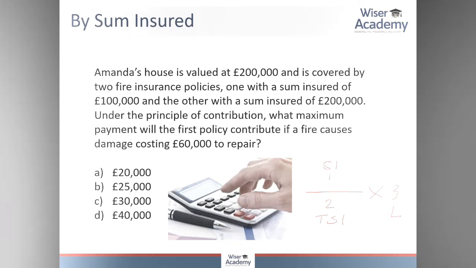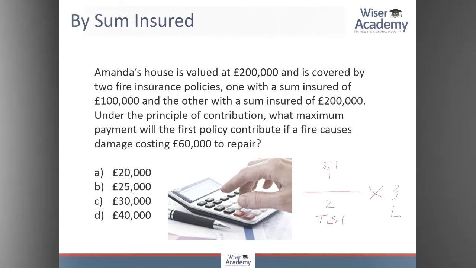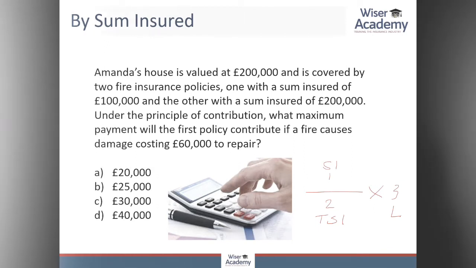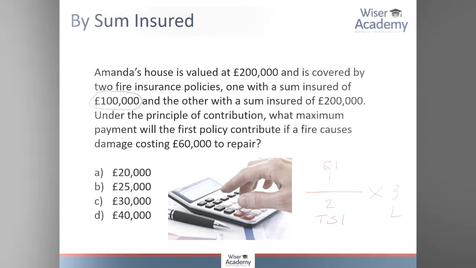Now, have you got a calculator at all with you, Chris? I was going to get you to have a go at it before revealing it. Sure, yes. Okay, I've got my calculator. So first is sum insured. Absolutely, and we're looking for the first sums insured. So we know in this scenario is 100,000.